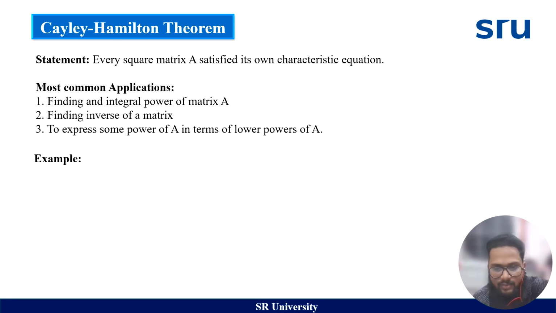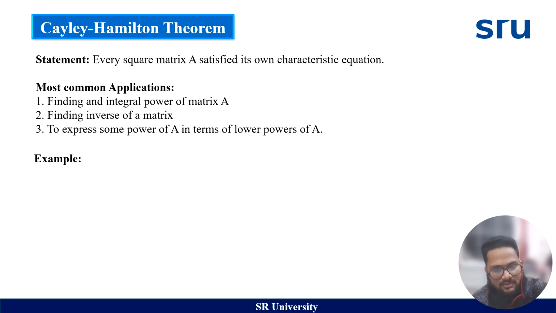There are numerous methods to calculate the inverse, such as the Gauss-Jordan method and the adjoint divided by det A, but one method is also the Cayley-Hamilton theorem. If you calculate the characteristic equation and then satisfy it with A, you can easily calculate the inverse of the matrix. We'll discuss these one by one.